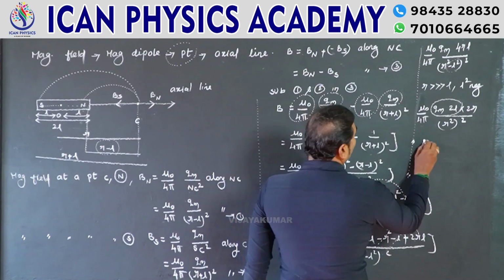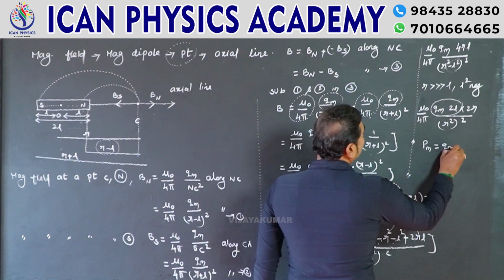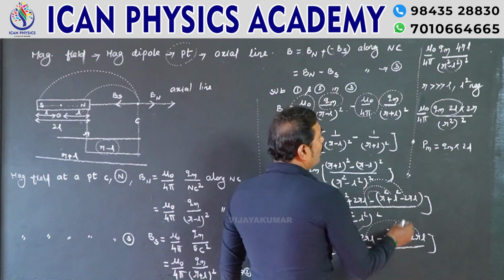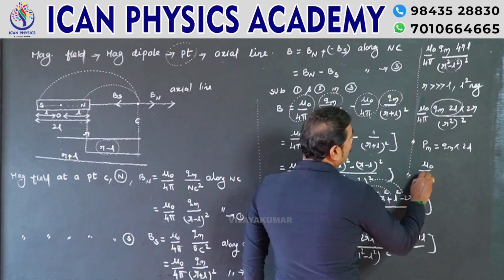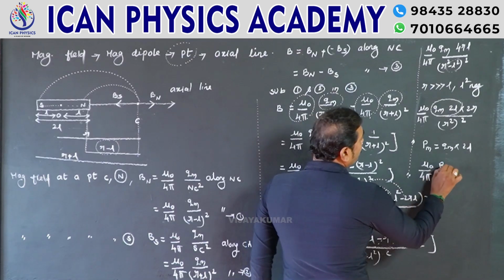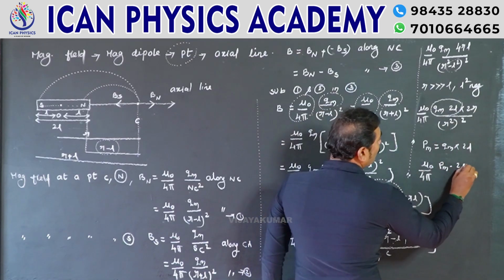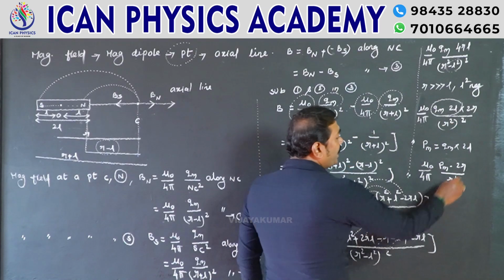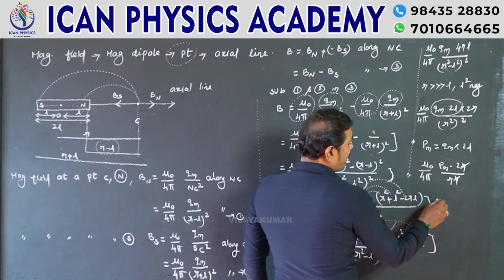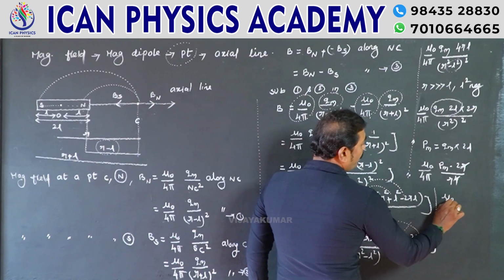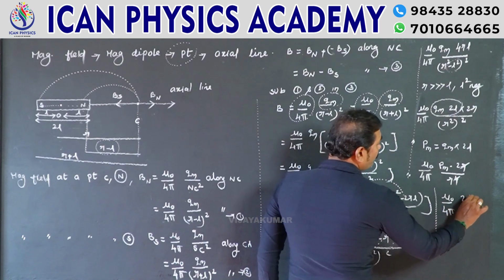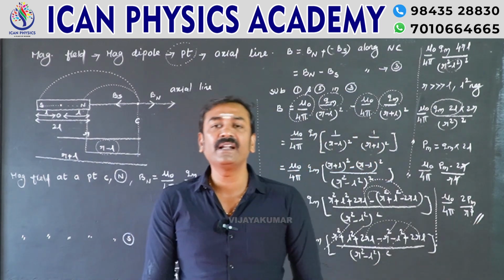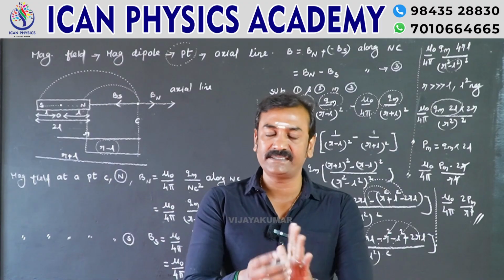அப்பனா என்னைய சொல்லிடலாம் அப்படின்னா மேக்னெட்டிக் டைபோல் மொமெண்ட் that is QM into 2l. அப்ப QM into 2l எடுத்துட்டு என்ன போட்டுக்கலாம் நம்ம PM. ஓகே, so mu naught by 4 pi into PM into 2r by r squared the whole square. அப்ப r power 4. இப்ப இந்த r க்கும் r power 4 க்கும் கேன்சல் பண்ணா ஃபைனல் ஆன்சர் என்ன வந்துரும் mu naught by 4 pi 2PM by r power 3 is the magnetic field at a point along the axial line.